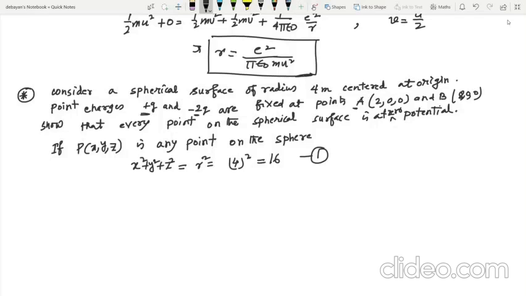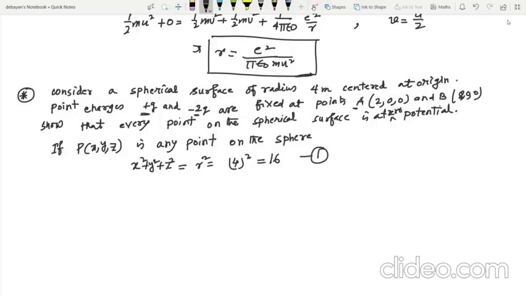The potential difference is nothing but 1 by 4 pi epsilon naught times q by pa, and since the charge is minus, 2q by 4 pi epsilon naught pb.